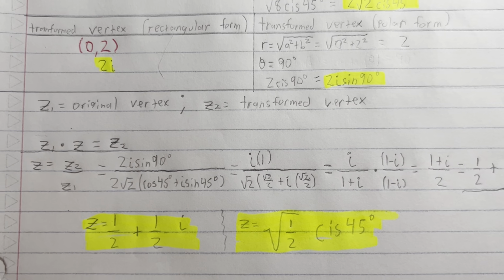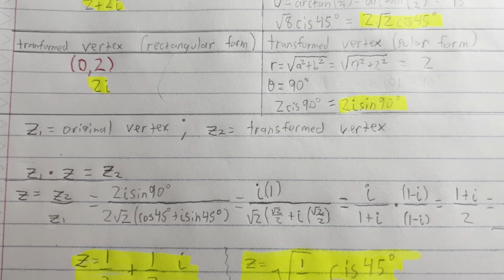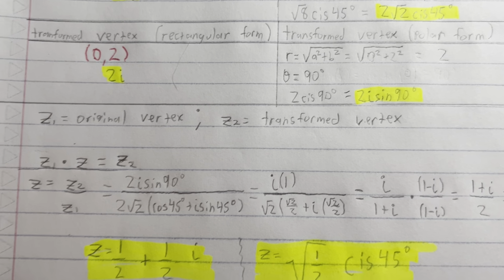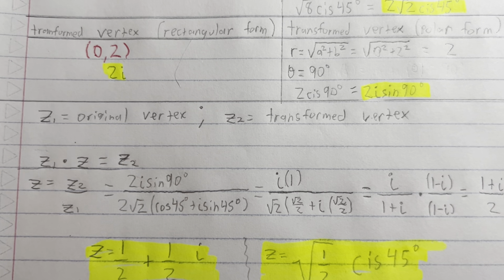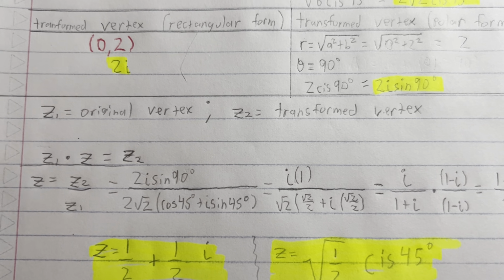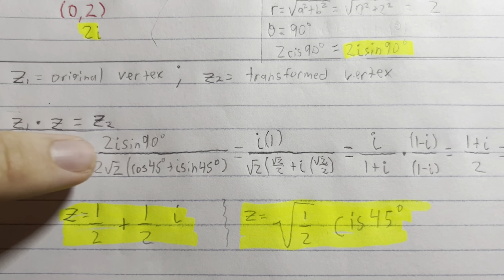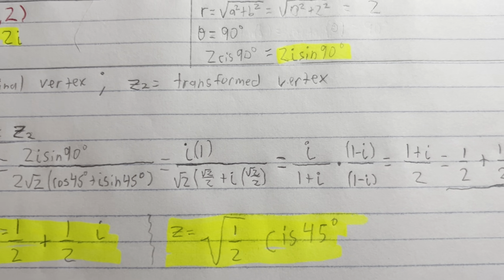And after this, I set up an algebraic problem where z1 is the original vertex and z2 is the transformed vertex. And as you can see, I set up z1 times z equals z2. Now we're trying to solve for z, so you divide z2 by z1, and then you plug in the actual values right here. And then the rest I just solved algebraically.